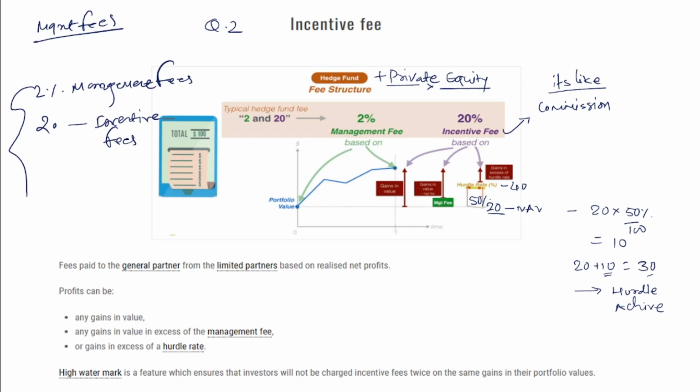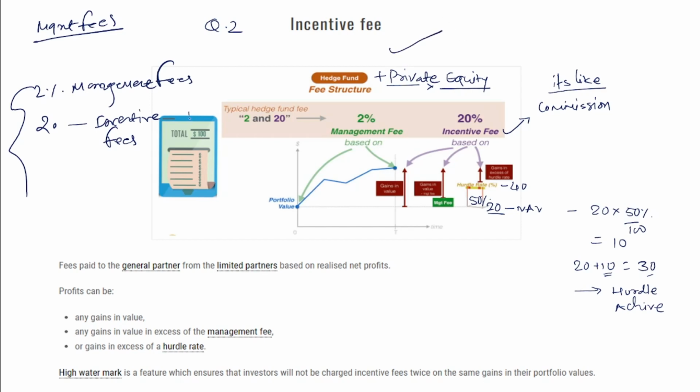But still, if you see the points here, incentive fee is like a commission. Why commission? Because the fund managers who are going to manage the funds are committing to the returns.